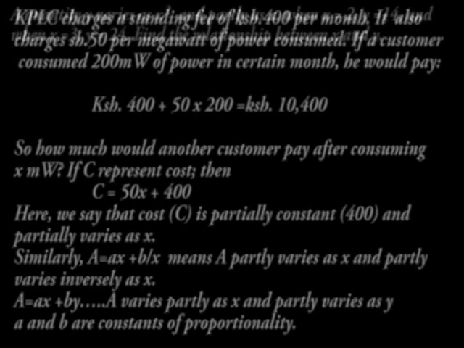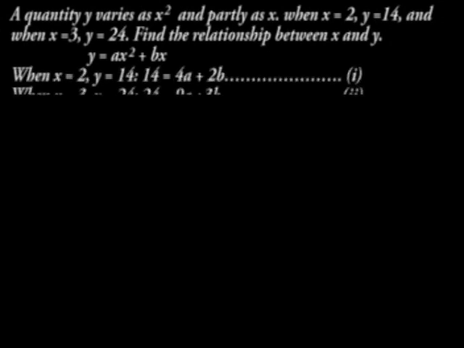An example, a quantity y varies partly as x squared and partly as x. When x is equal to 2, y is equal to 14, and when x is equal to 3, y is equal to 24. Find the relationship between x and y. In our solution, y is equal to ax squared plus bx, where a and b are constants.